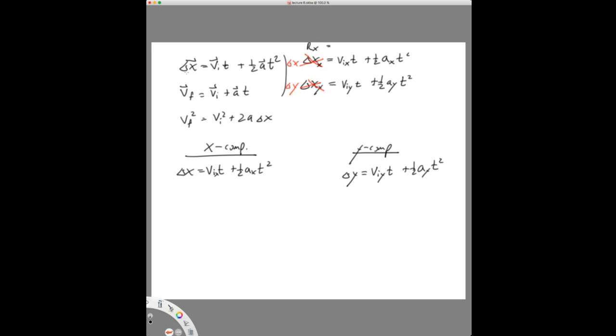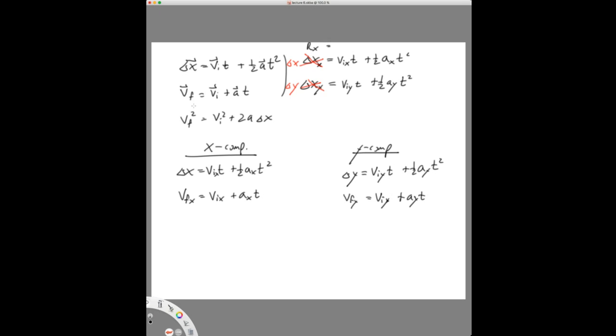And if we take the second equation for v final and just look at x components, we get v final x component equals v initial x component plus a x component times t. And over here, v final y component equals v initial y component plus a y component t. Sorry, not t squared, just t.